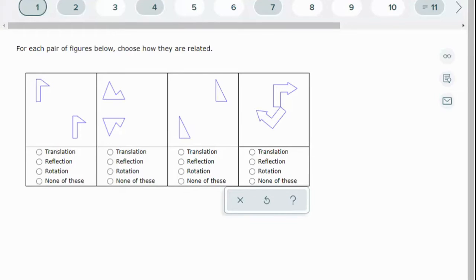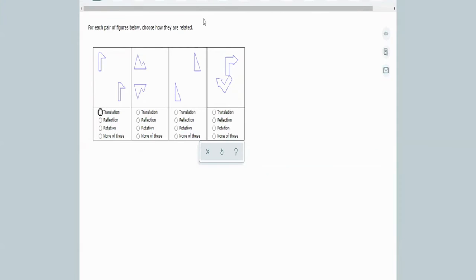Okay, so what we're going to do is go into Alex and show you how those rotations work. And this is quite literally an example of what you'll see in your Alex assignment today. So in the first question, you might see something like, for each pair of figures below, choose how they are related.